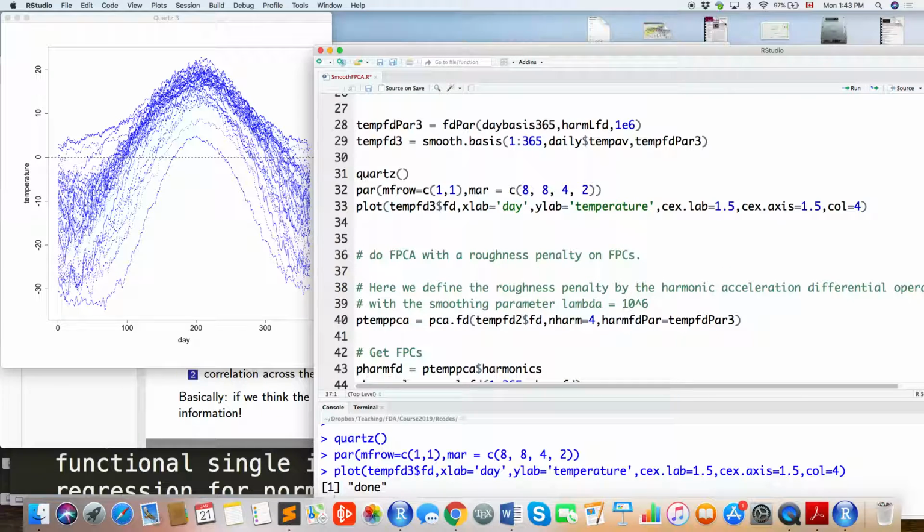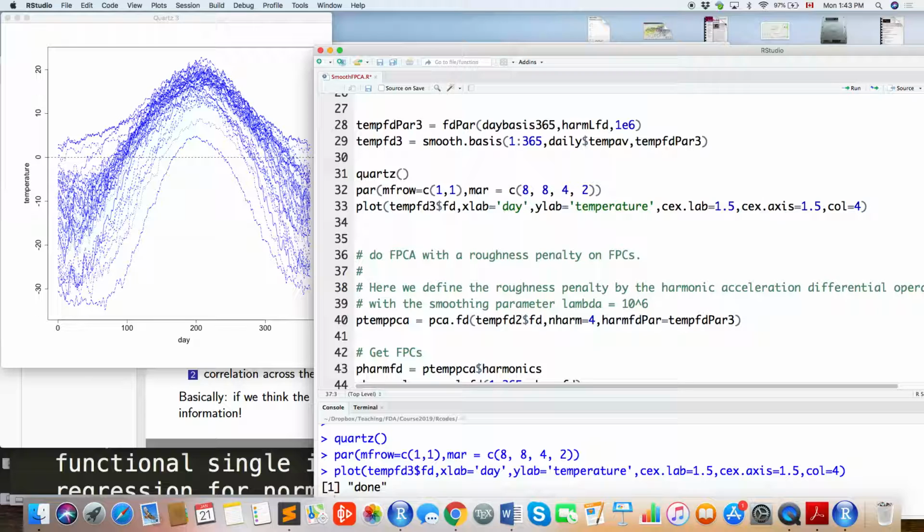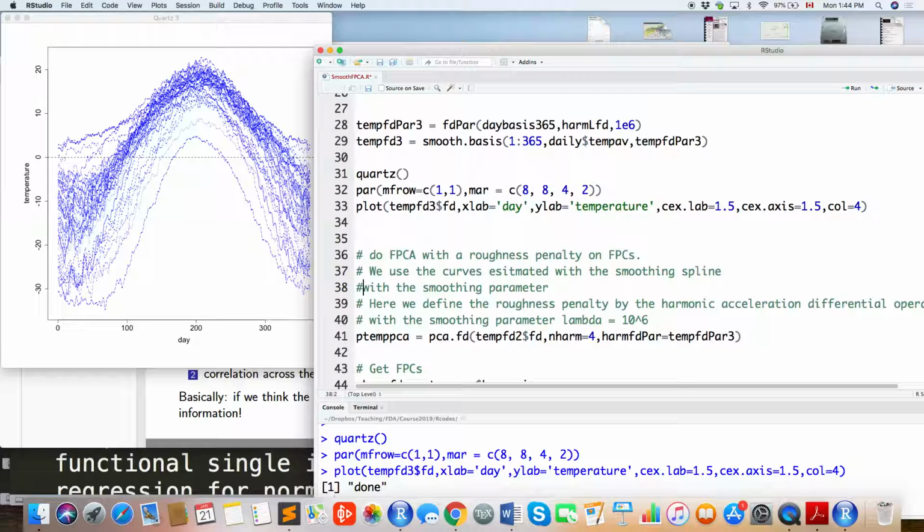So to do the FPCA with the roughness penalty on the FPCs, we use the curves smoothly estimated with smoothing splines with the smoothing parameter lambda equal to 10 to minus 2.